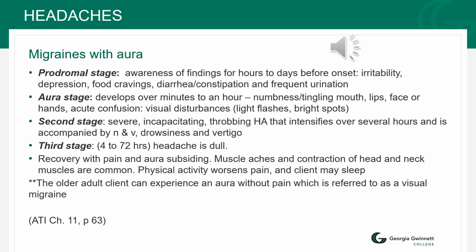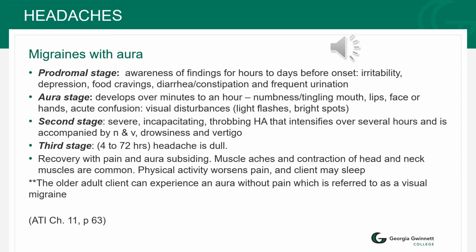So migraines with aura include these stages. The prodromal stage includes the awareness of findings for hours to days before the onset of the migraine. It's characterized by irritability. The person who's having this migraine can have food cravings.